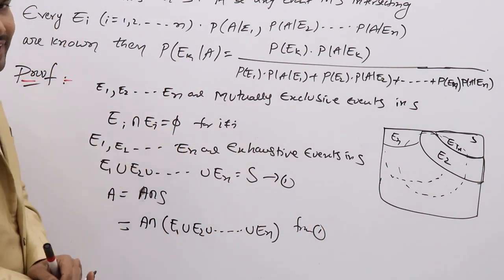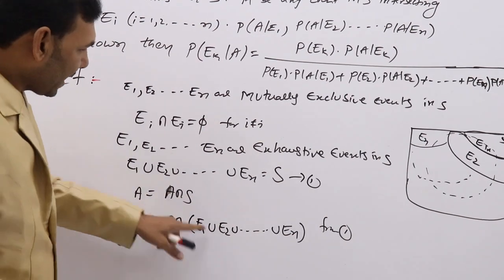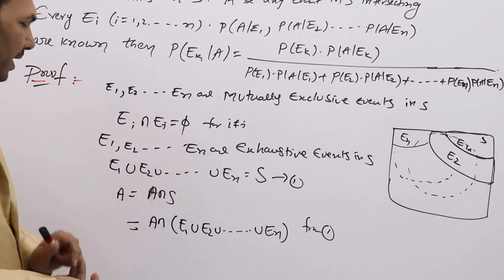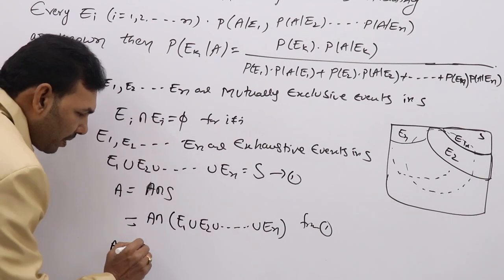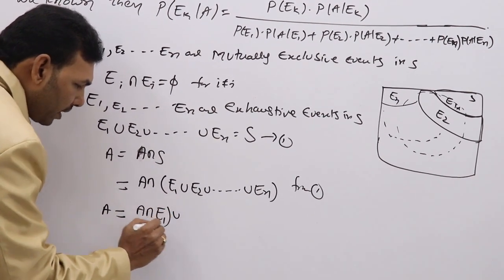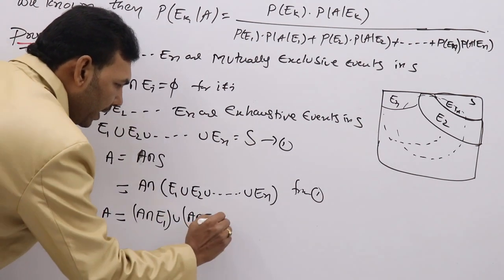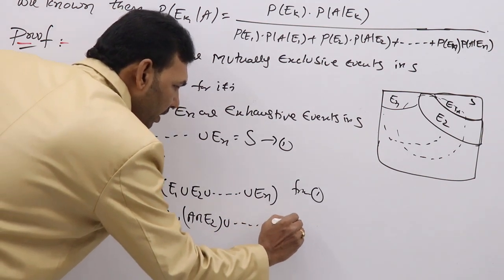A is an event intersecting every Ei, so A can be written like this, and I replace S from here as E1 union E2 union so on union En. Using set theory, this can be written as A intersection E1 union A intersection E2 union so on union A intersection En.